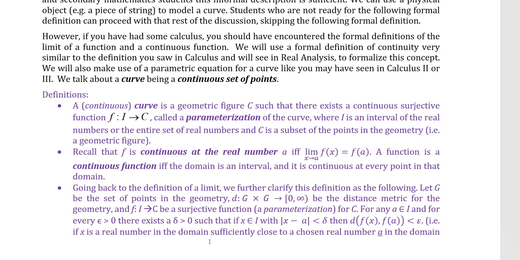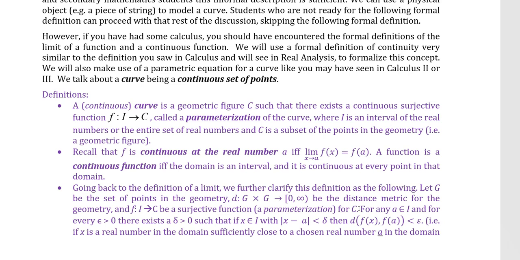Let G be the set of points in the geometry, and we have a distance metric D mapping G cross G, ordered pairs in G, onto the interval 0 to infinity, including 0. That's the distance metric for the geometry. This could be onto or into in the case of spherical geometry, that interval. And f is going to be a surjective function from I to C, a parameterization of that curve, a parametric equation for that curve.